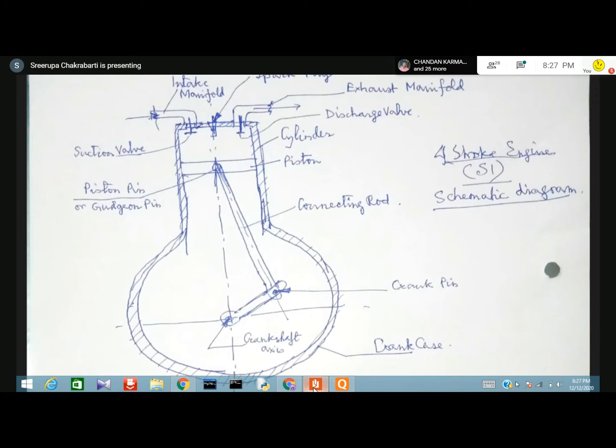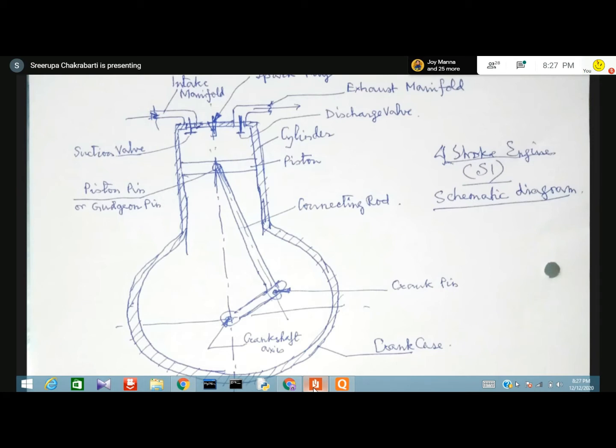And this rotation of the crankshaft, if it is once about its axis, that is 360 degrees, one complete rotation. During that, the piston will move up and down only once. You just think whether it is correct or not.